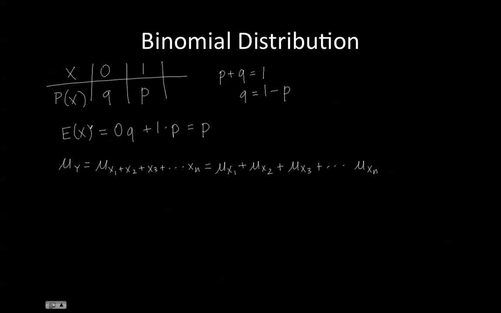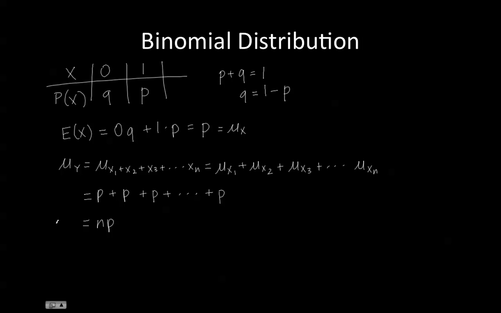Based on what we have over here, because this is equivalent to the expected value of x, we can pretty much write this as p plus p plus p, etc., until you get your total of n trials, but each trial has the same probability of succeeding. And then since we are doing this n number of times, you can write this as np.